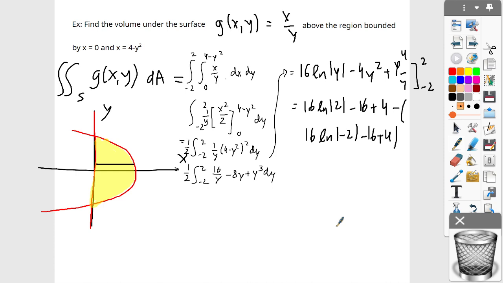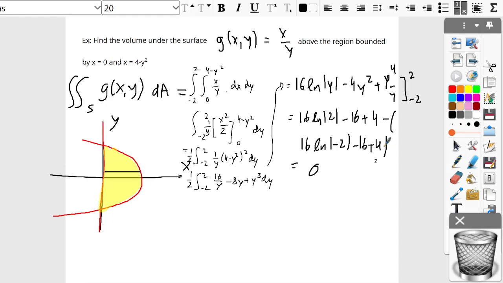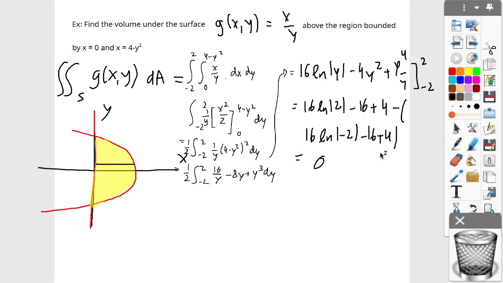So you end up realizing that all of this just evaluates to 0, because the minus 16 minus 16 cancels out, and the 4 minus 4 cancels out. So all of that work just for the answer of 0. A little bit disappointing, but that is the way it works in this predicament, I guess. Anyways, let's continue.